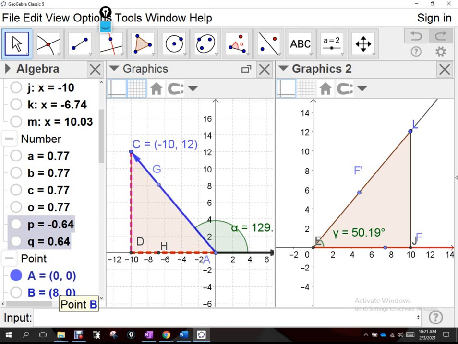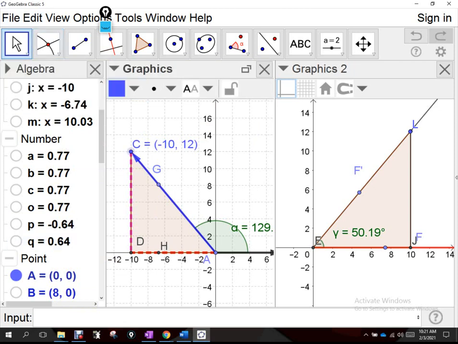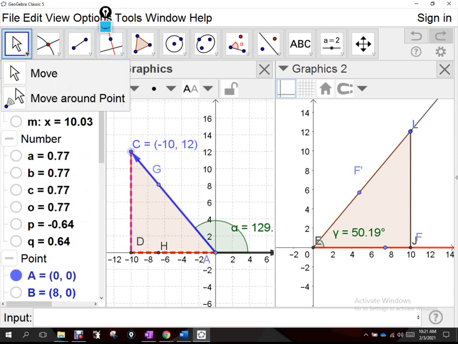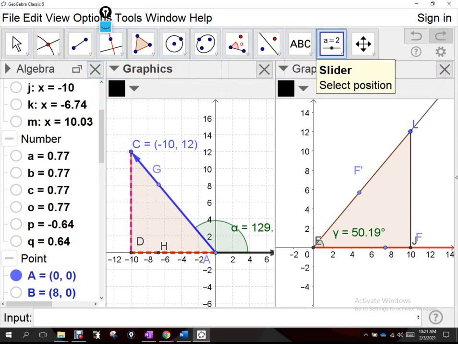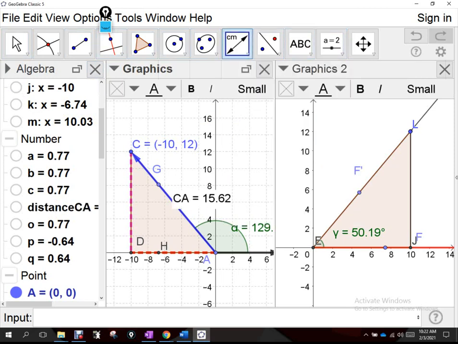Okay. And the reason there's a discrepancy there is because over here, when I was commanding it to work with the 129, the cosine is actually negative 10 divided by that blue distance, the square root of 244, whatever that is. Let's see here. That blue distance, 15.62.